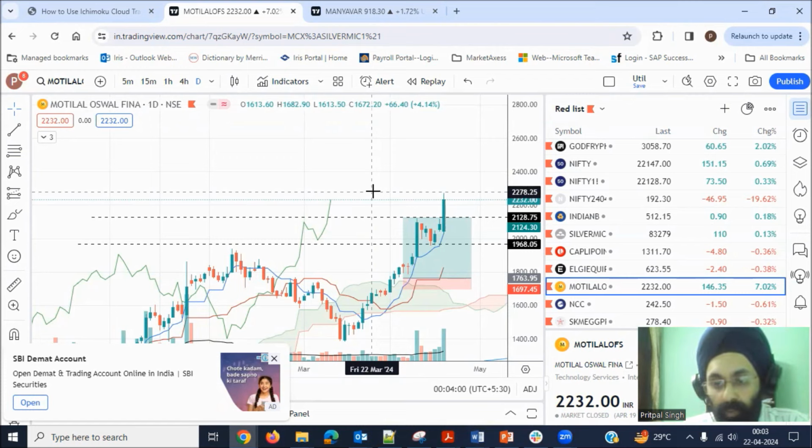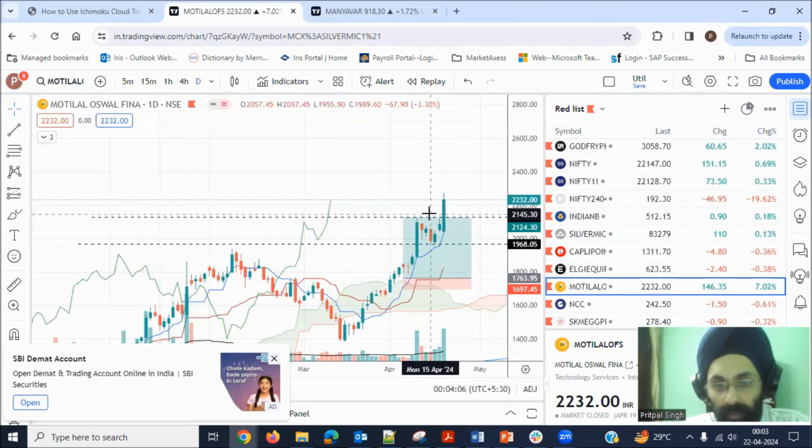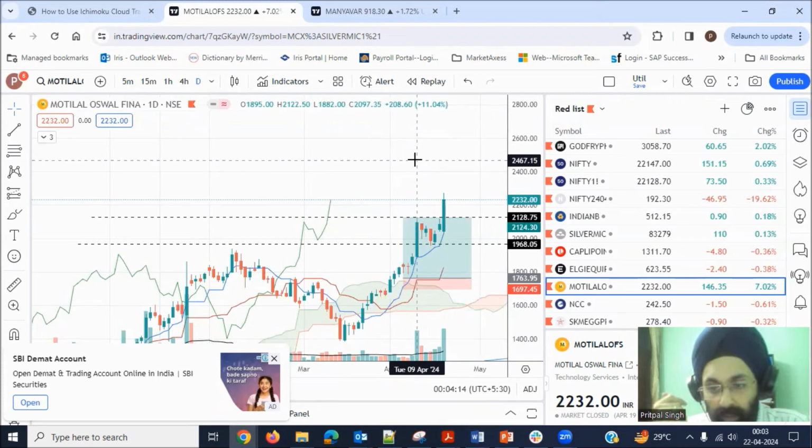You don't have to worry about that, and you should try to find other opportunities. So this was the cloud breakout strategy. In a similar fashion, we will talk about the cloud breakdown strategy. This was the bullish scenario, and in the next strategy, we will talk about the bearish scenario using the cloud itself.